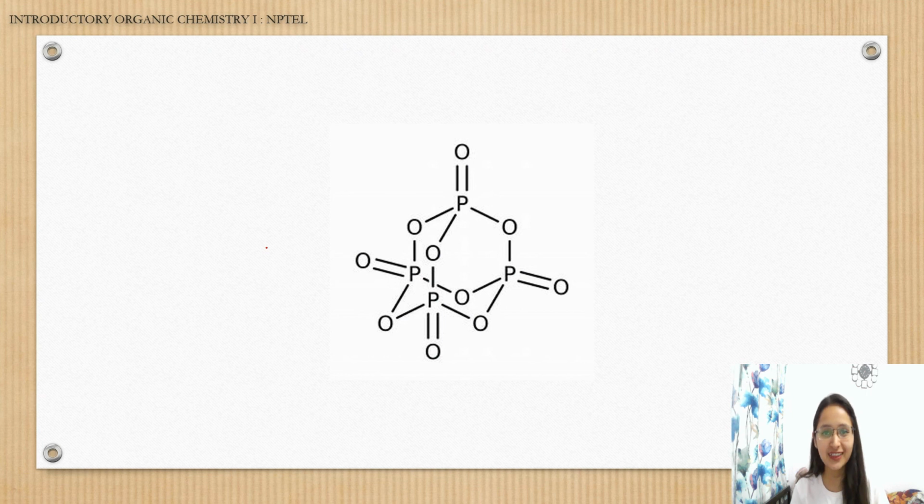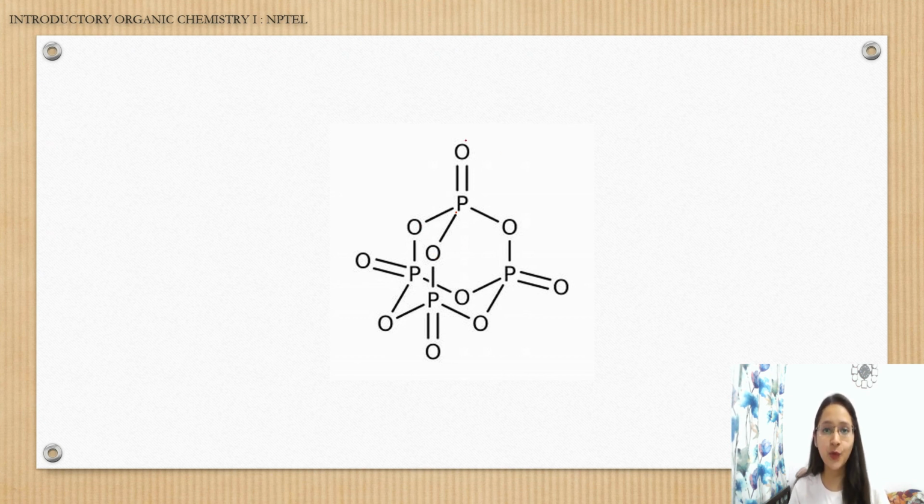Okay, guys, you need to know the real structure of P4O10 here. This is the complex structure of P4O10. It is very fascinating, right? Here we have to calculate how many oxygen atoms are connected to this phosphorus.